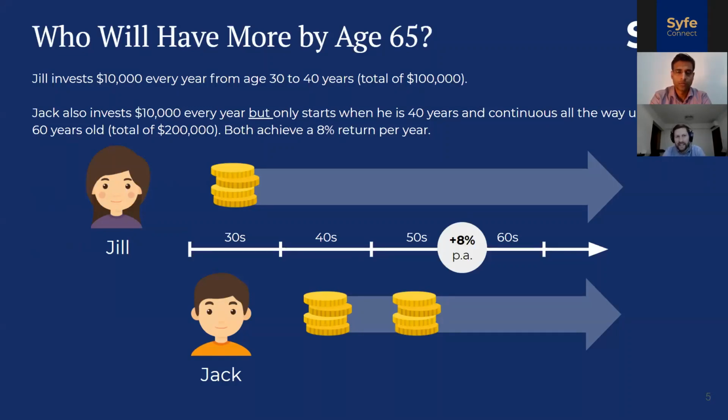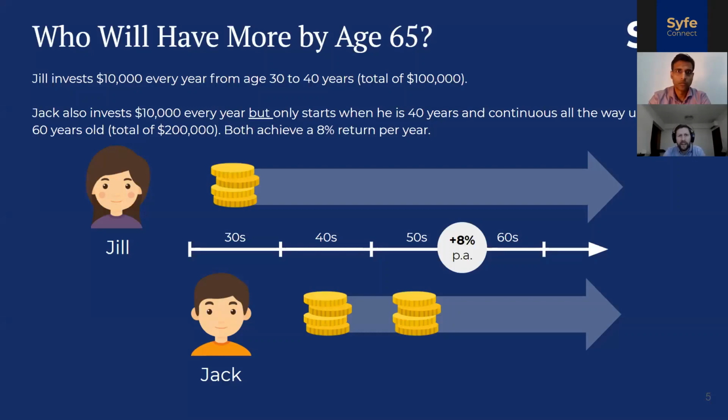So 10 years later than Jill. He invests $10,000 every year, and he continues doing this all the way up until he is age 60. So 20 years in total. The overall total for that is $200,000.